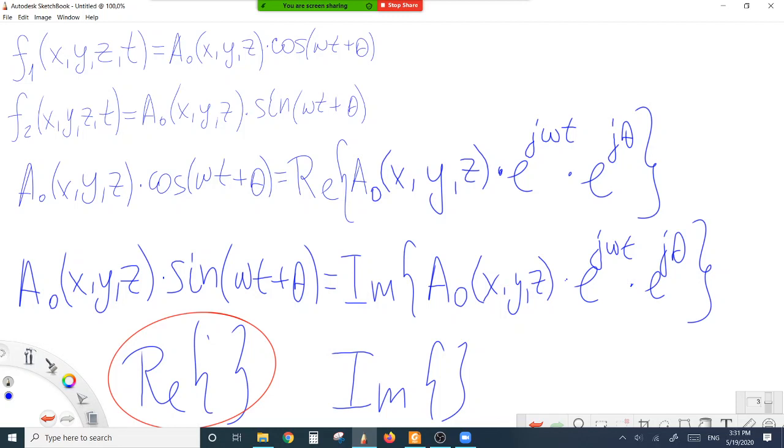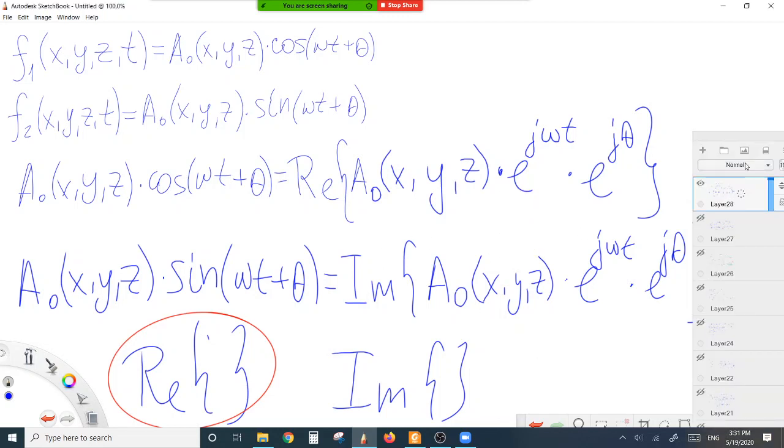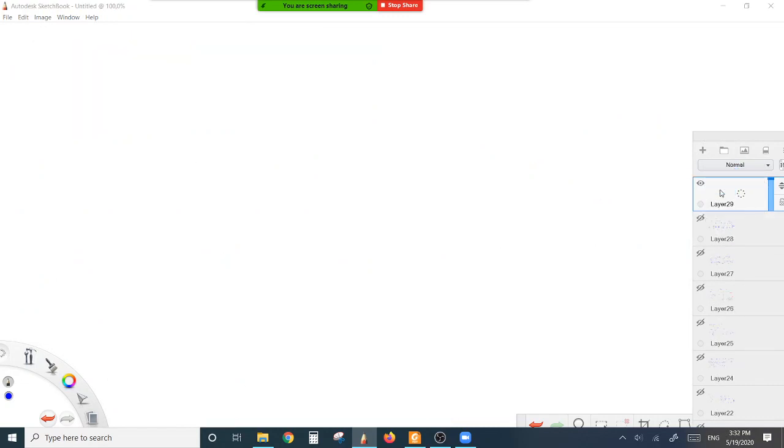Finally, we may also define a phasor as the part of the function which does not contain time.